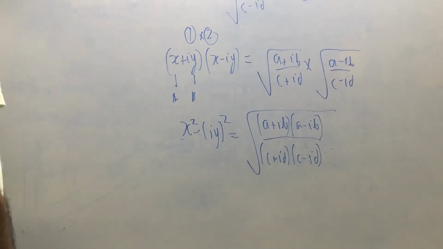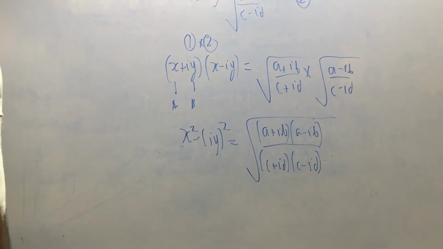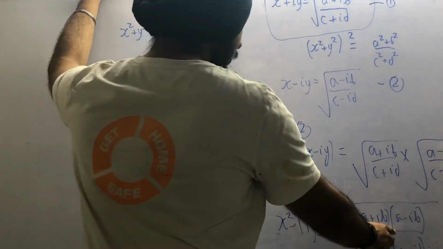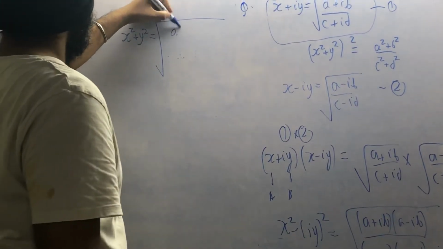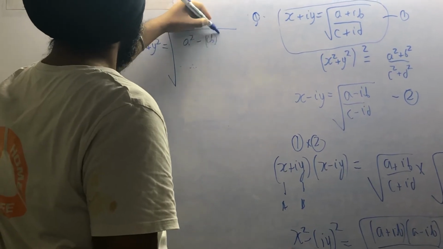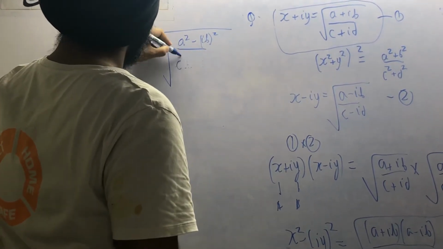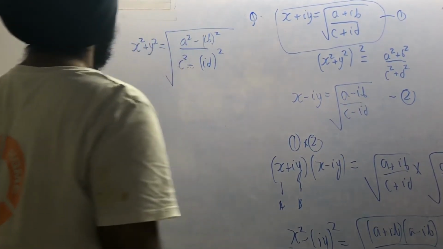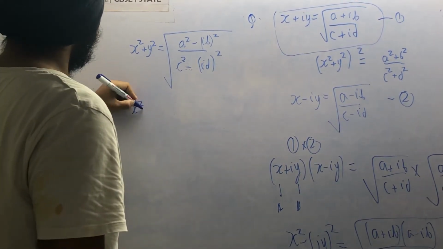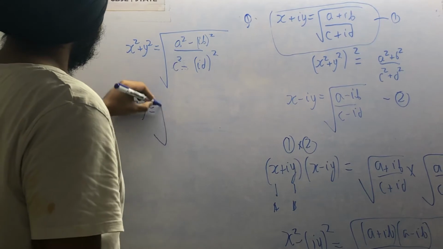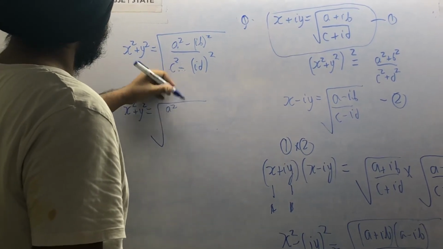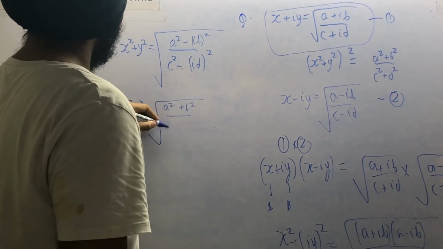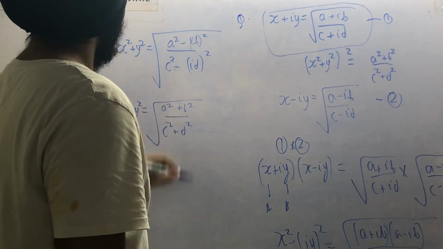So x square plus y square is equal to square root of again (A plus iota B) into (A minus iota B), so A square minus (iota B) whole square divided by C square minus (iota D) whole square. Now just open all the whole squares and let us see what happens. Iota square is minus 1, minus minus becomes plus. So this will be also C square plus D square.